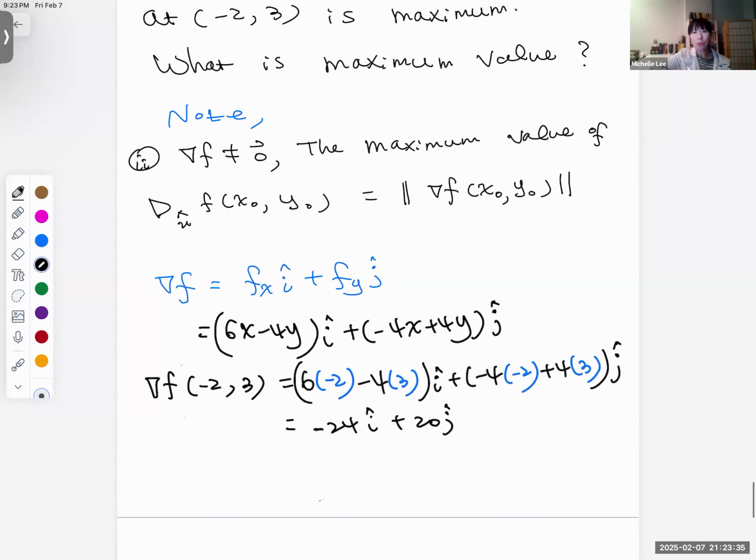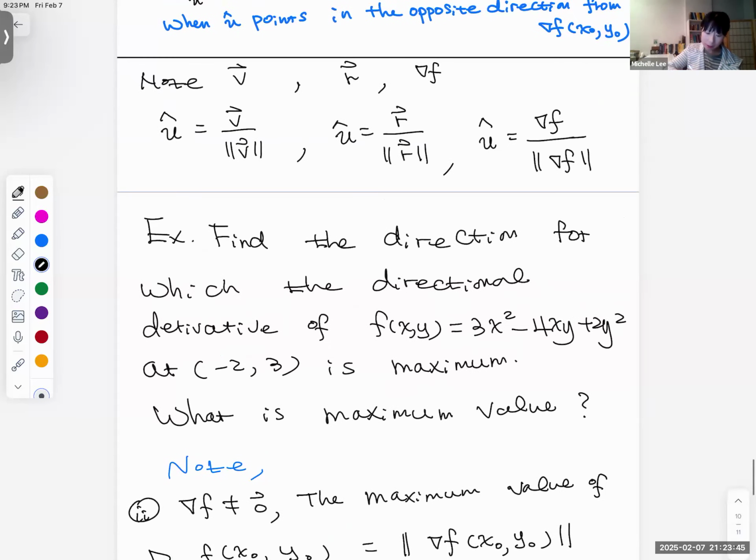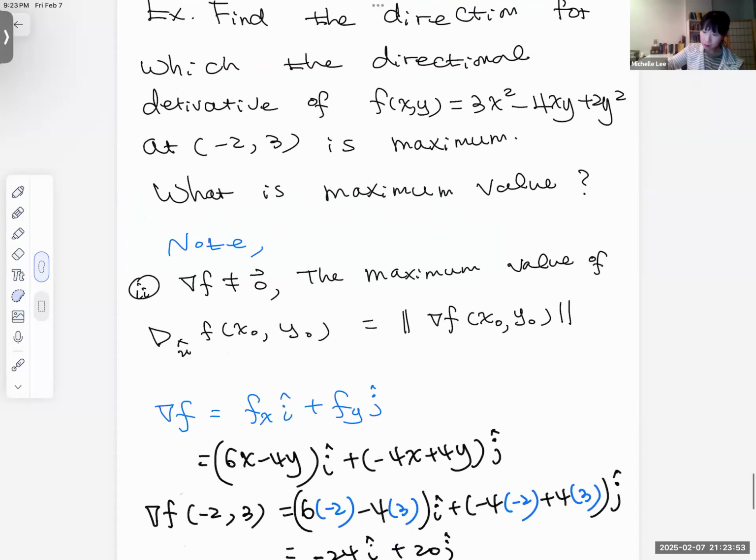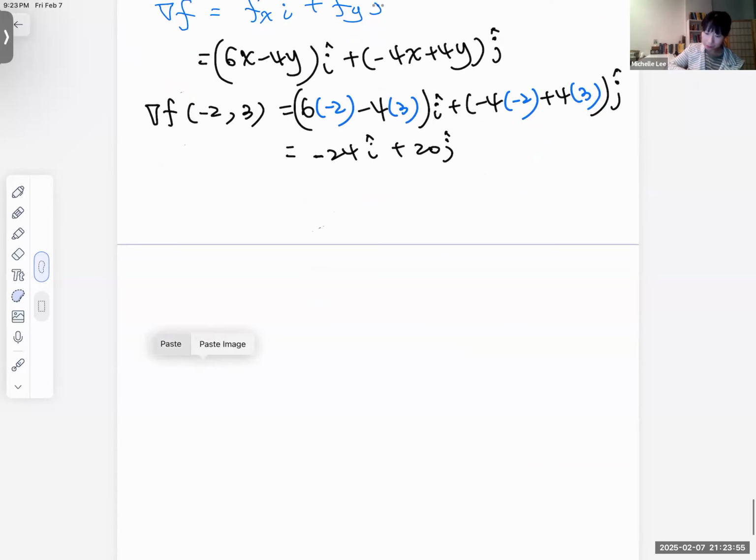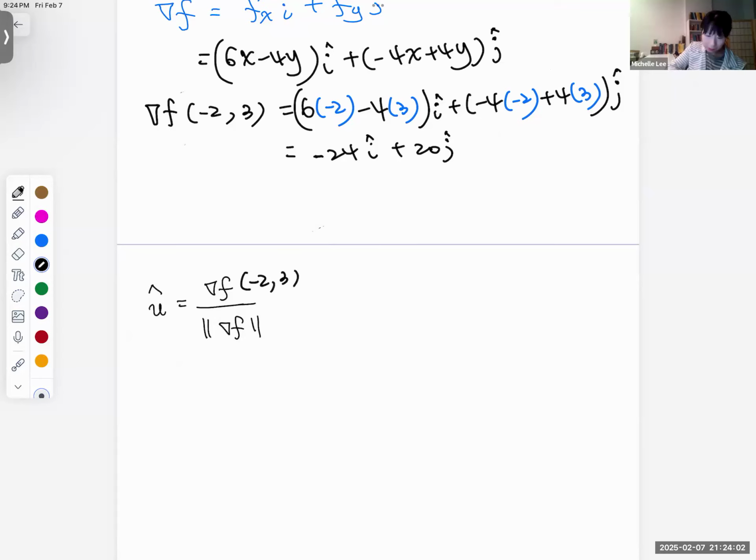Let's find the unit vector for the gradient. I said that earlier, so this formula we're using, at the point negative 2, 3.